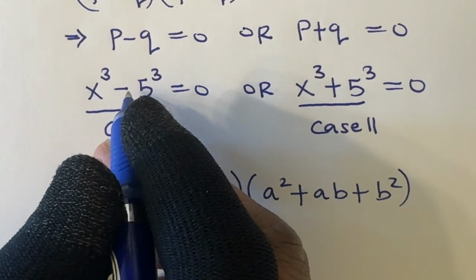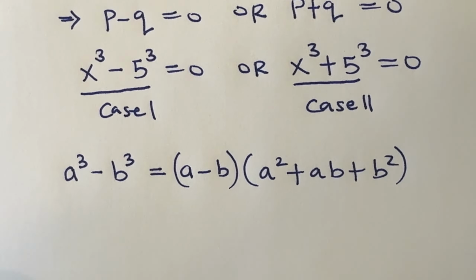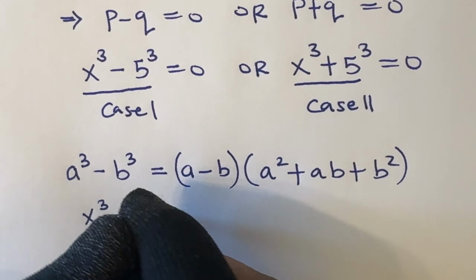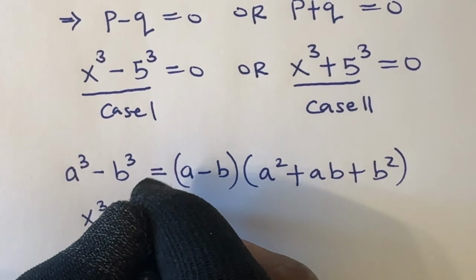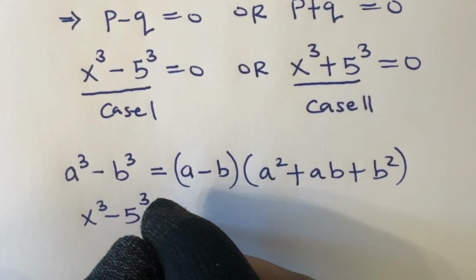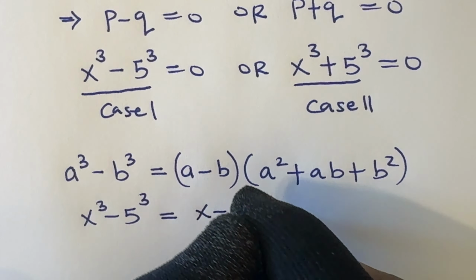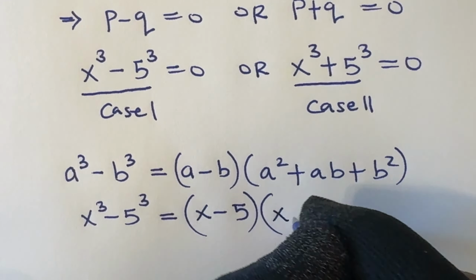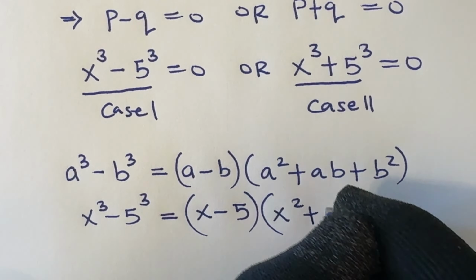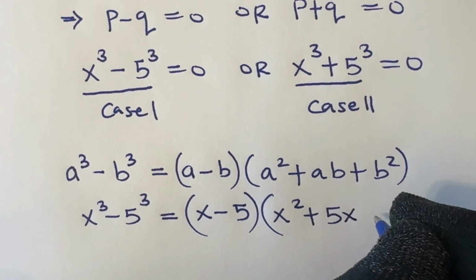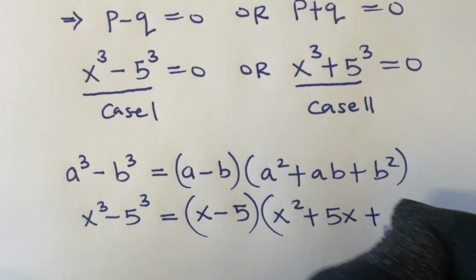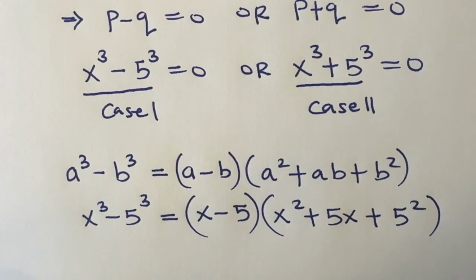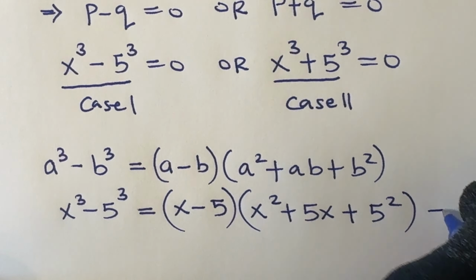If we use that to factorize this problem, x raised to power 3 minus 5 raised to power 3 is equal to x minus 5, then x squared plus 5x plus 5 raised to power 2. Remember, this is equal to 0, so I'll equate this to 0.